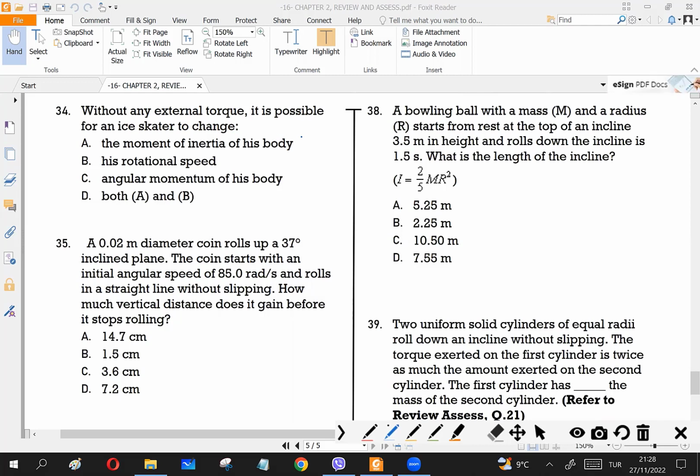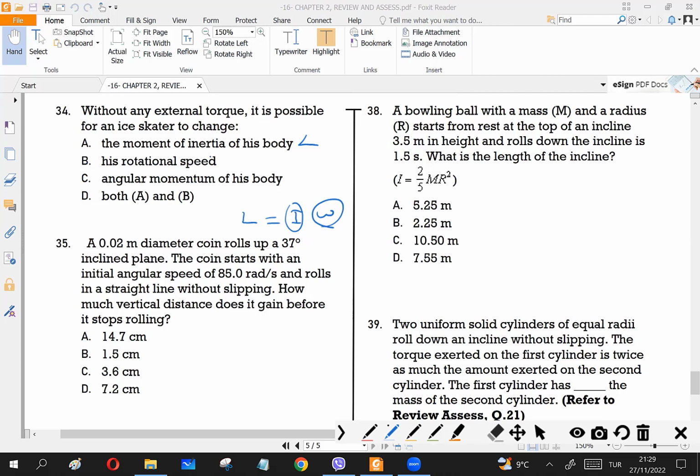Correct. This is correct. If you change moment of inertia, according to conservation of angular momentum, because if no external torque, which means angular momentum is conserved, if you make a change in moment of inertia, which can increase or decrease, angular speed also increases or decreases.